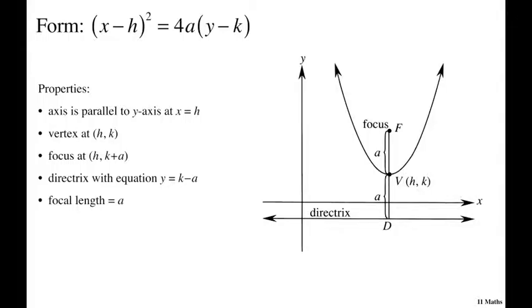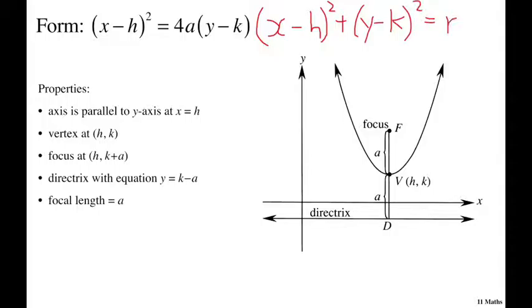You may or may not remember, when we dealt with circles, we had x minus h in brackets squared plus y minus k in brackets squared equals r squared.